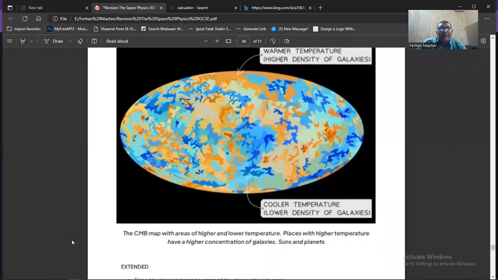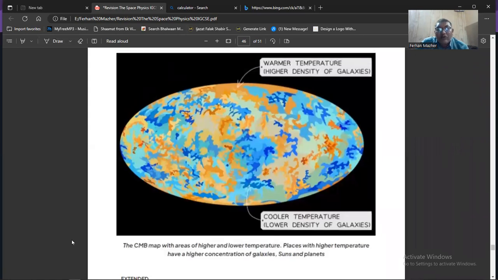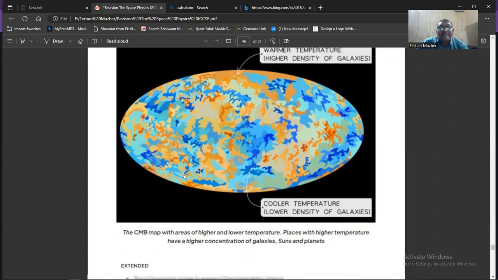The CMB map shows areas of higher and lower temperature. Places with higher temperature have a higher concentration of galaxies, suns, and planets. Cooler temperature means lower density of galaxies, warmer temperature means higher density of galaxies.